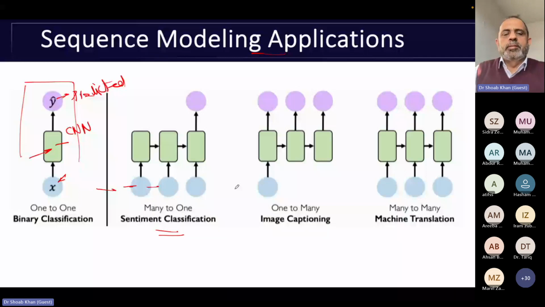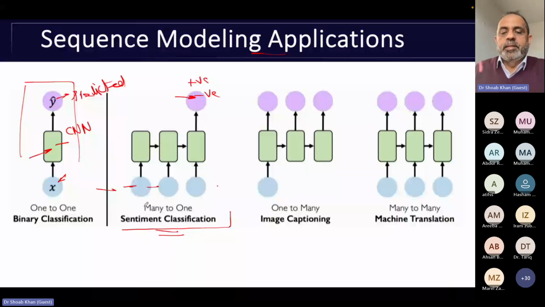Somebody has tweeted this, and if someone very important who has millions of followers writes something like this, then Dunkin' Donut needs to find out that their brand is going to be severely damaged. So these are the applications where you do sentiment classification. You have many words, but at the end of the day, you want to find out whether somebody is saying positive or negative about you. So this is many to one classification.